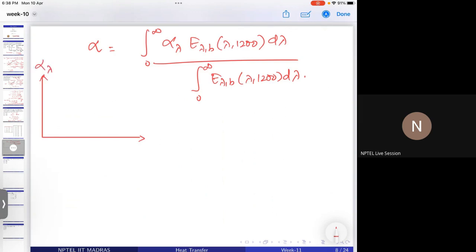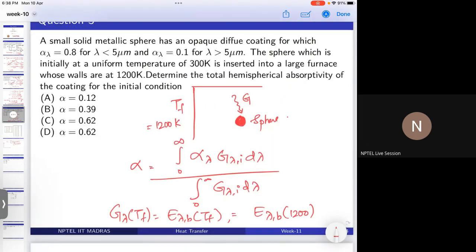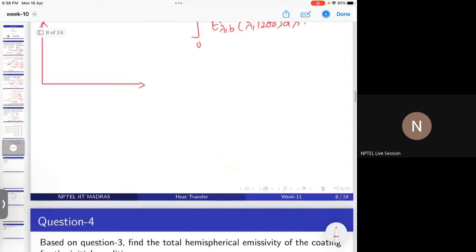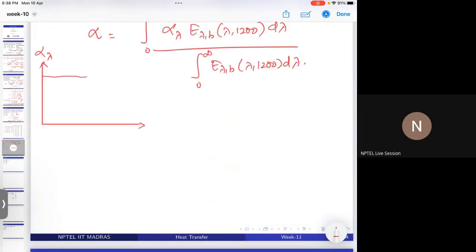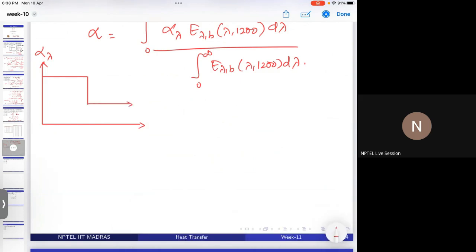Up to 5 micrometer it is 0.8, then it is 0.1. So this is the given information.